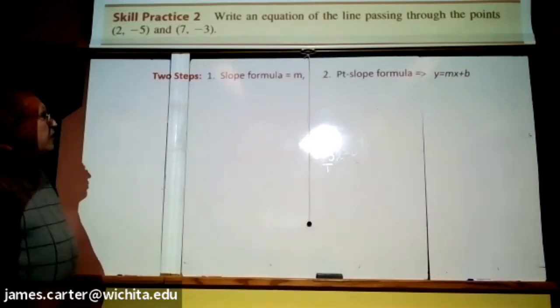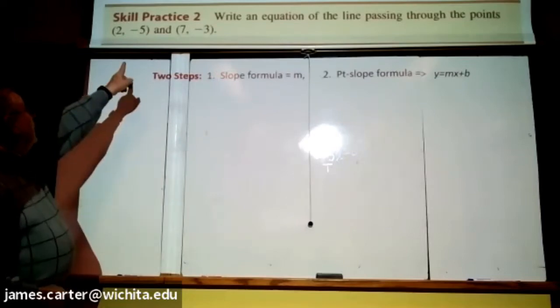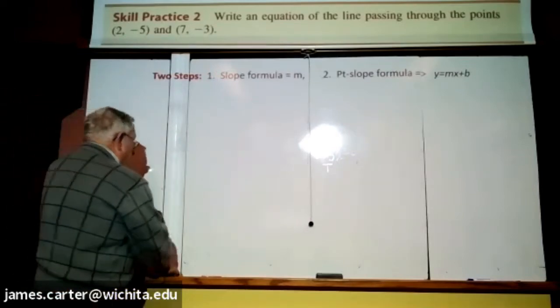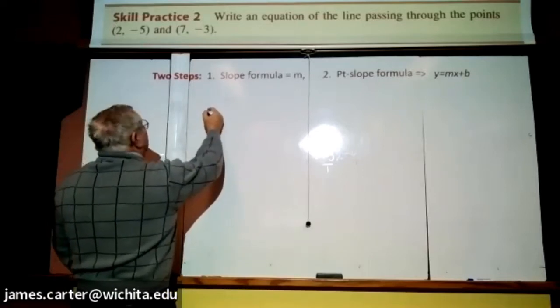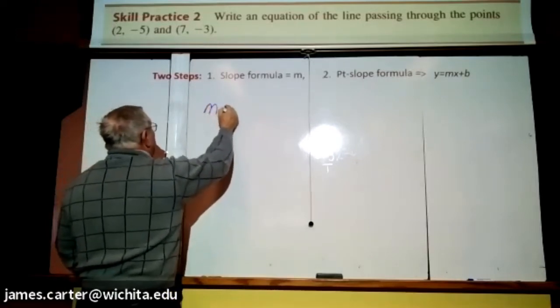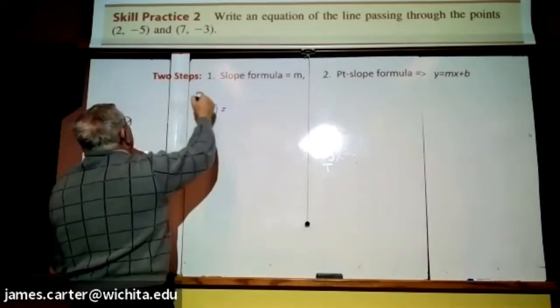Okay, again, here are our two formulas. Let's work this one that's up here on the board. First, I have to find the slope. So I'm going to take this one minus that one.